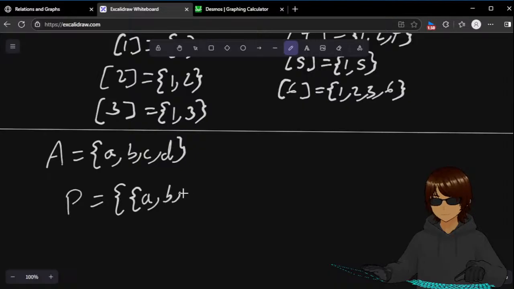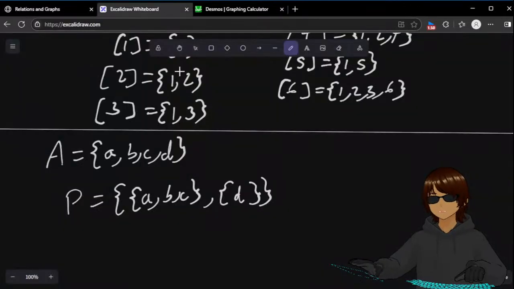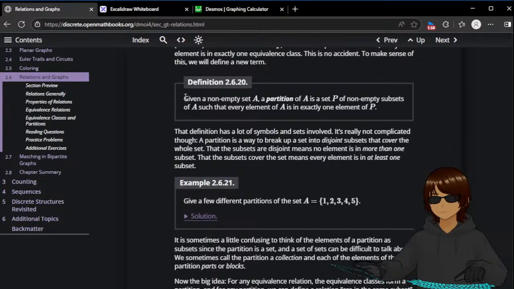Set A, B, C, and then we have set D. Every element of A is in exactly one element of P. So it's only in one of them. You can't have D here and D here. And all elements have to be included.